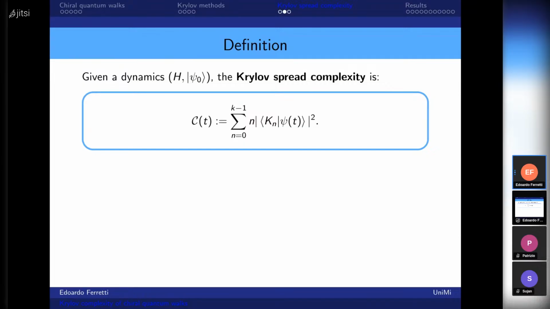Basically, we are evaluating the expected value of the number operator. So we are saying that this is the average position of the walker on the chain at a time t.